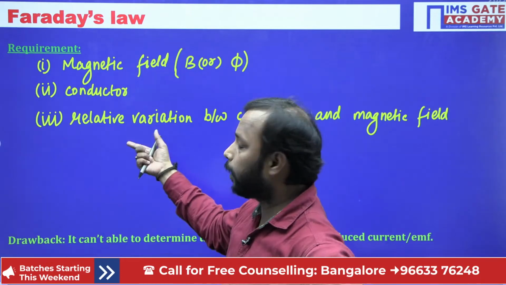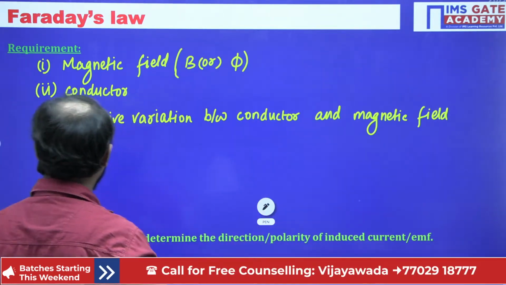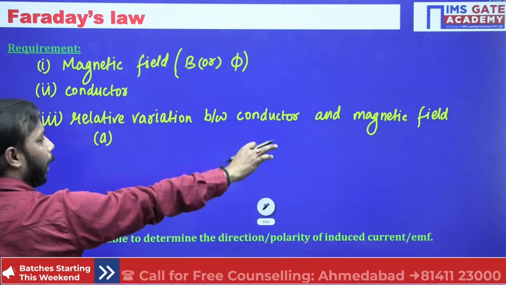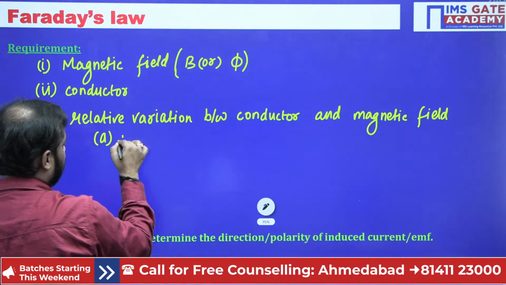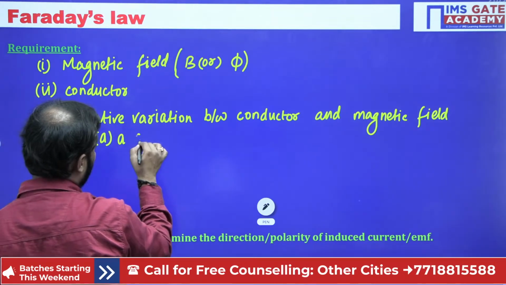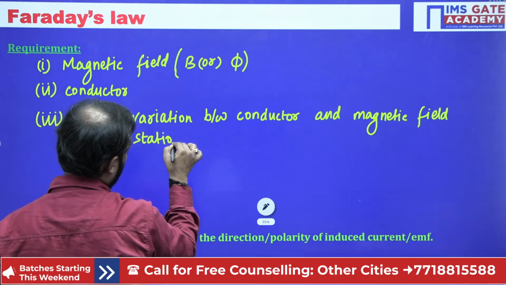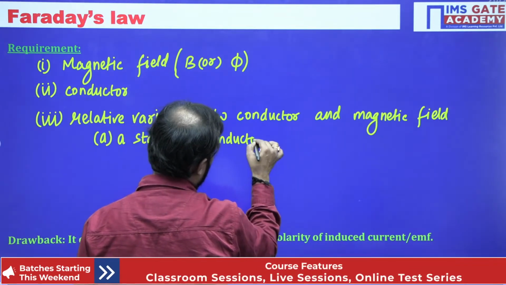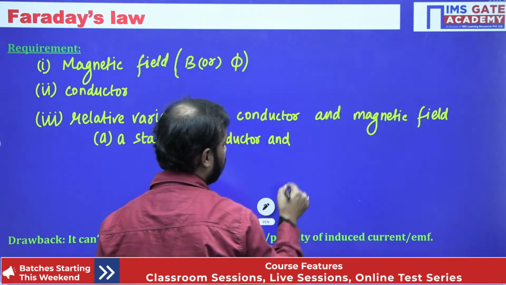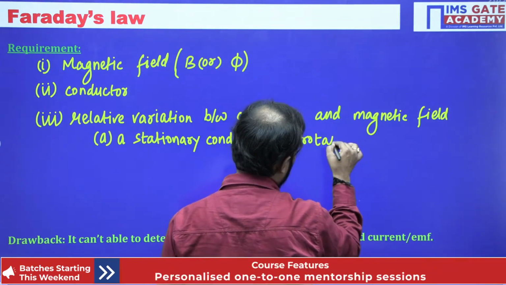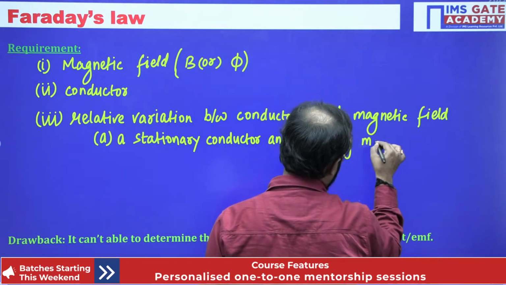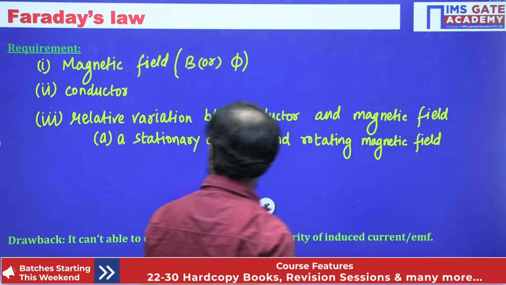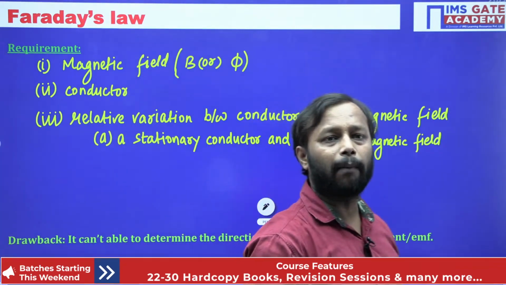The relative variation can be generated in two ways. The first one is a stationary conductor and a rotating magnetic field, which means the conductor is not moving but the magnetic field is moving.